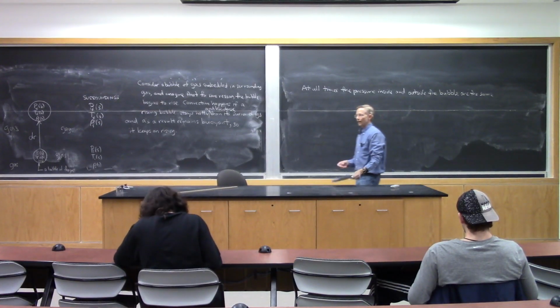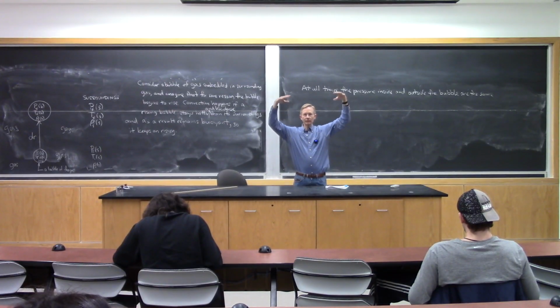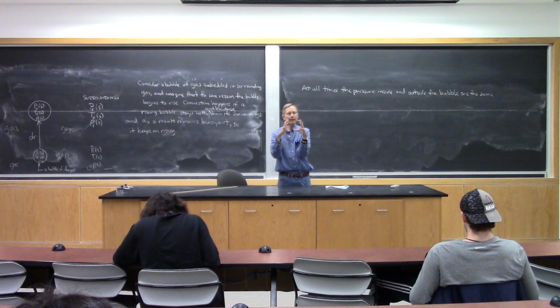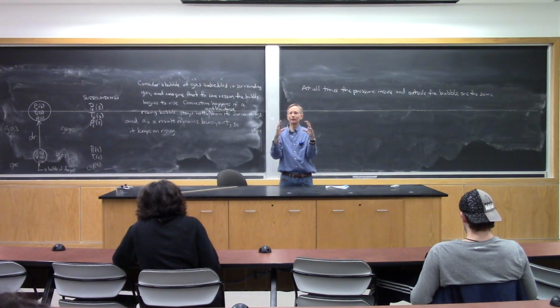So as the bubble rises, the pressure outside is falling because pressure decreases with height in both a star and in our atmosphere. So the pressure outside is decreasing, and the bubble's pressure has to decrease at exactly the same rate as it rises, because what would happen if the bubble were at higher pressure than the surrounding air or gas? It would expand. And what would that do to its pressure? It would make it fall.